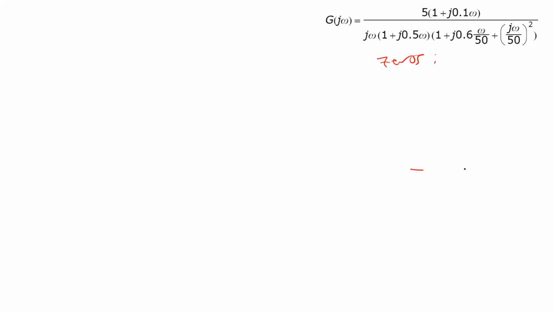Okay, I have 1 over 1 plus j 0.1 omega. This came originally from 1 over 1 plus 0.1 s. Right. So where is the pole? You solve it: 1 plus 0.1 s equals 0, so s equals what?